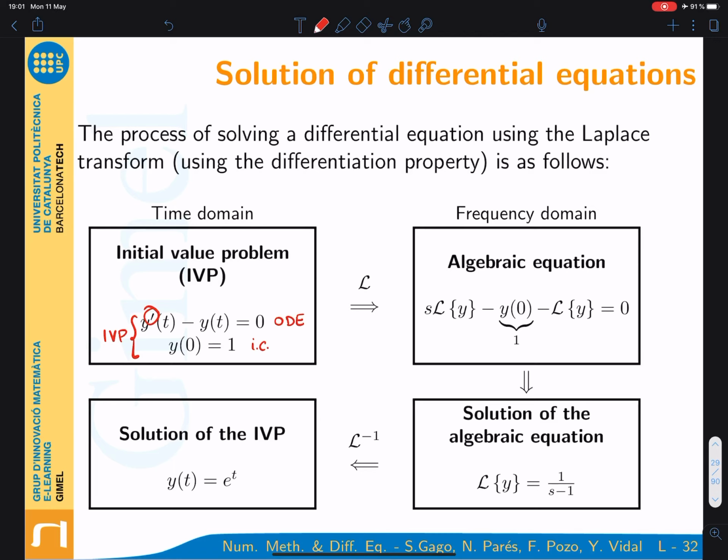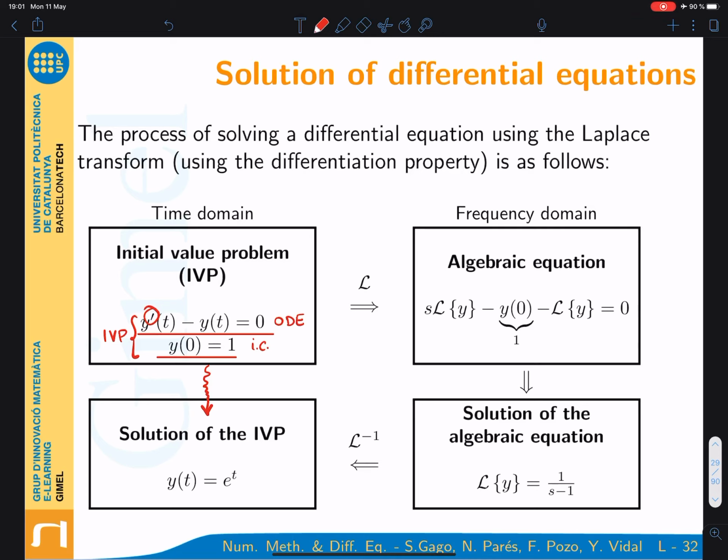What we have seen in this course in order to solve differential equations is that first we try to find the general solution, and then we impose the initial condition of the problem to find the specific values for the constant. Now, we will see that we will avoid this way.